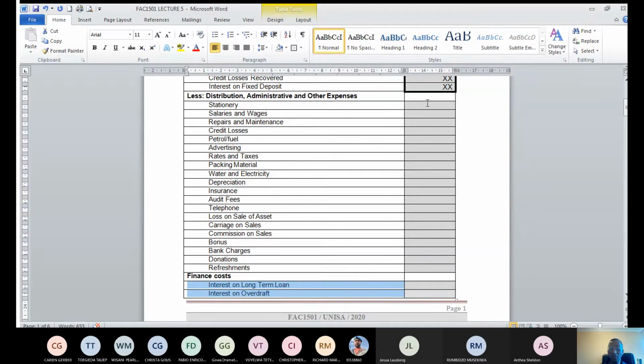So whatever you've got there, you may have stationery, or you may have salaries and wages, or you may have advertising, or you may have water and electricity.